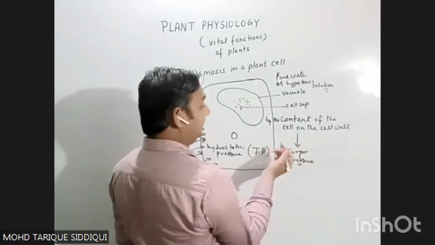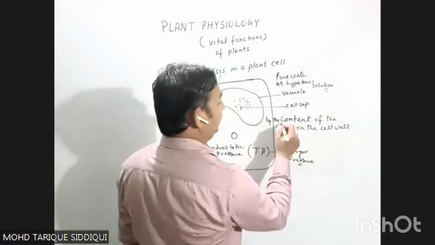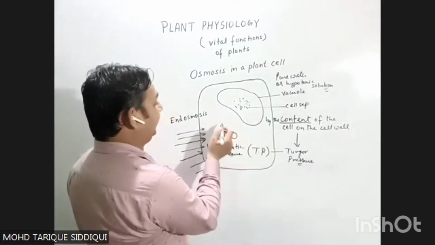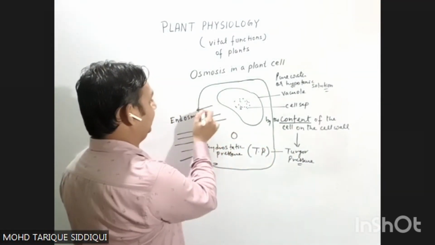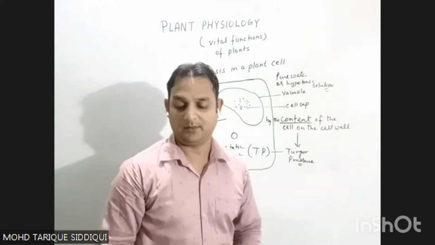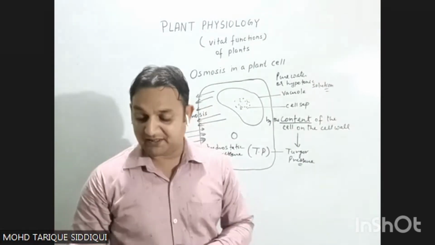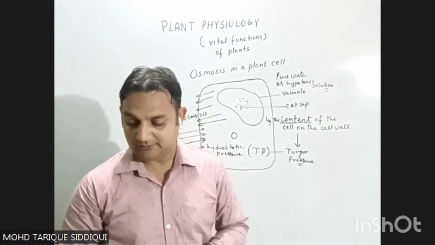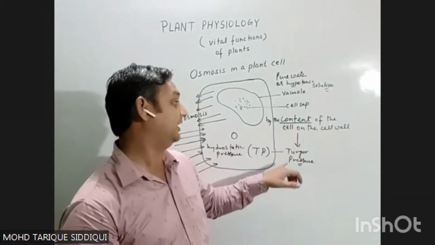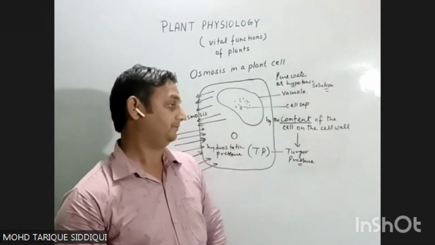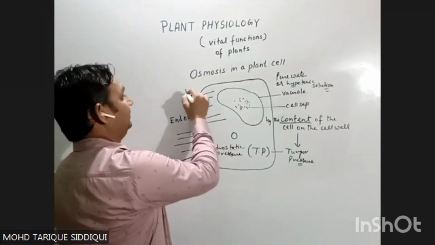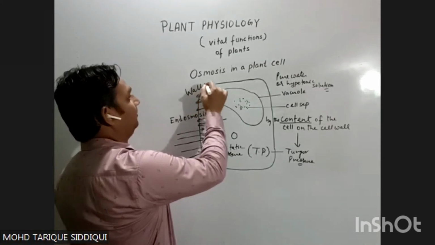Now you will get another pressure on the content of the cell in the opposite direction. This pressure is known as wall pressure.